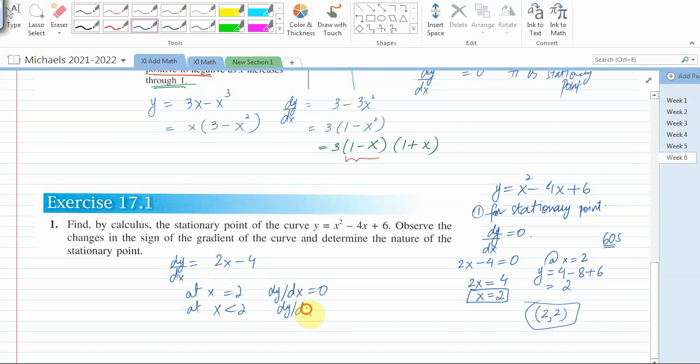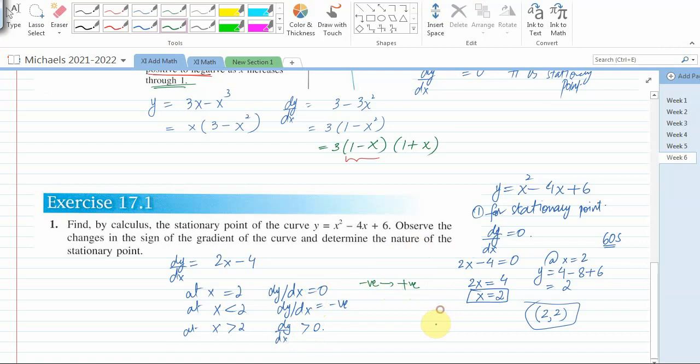So dy by dx is negative. At x greater than 2, let's suppose the value of x is 4. So 2 times 4 is 8, 8 minus 4 is 4. So dy by dx is positive, greater than 0. So the sign change we observe is from negative to positive.